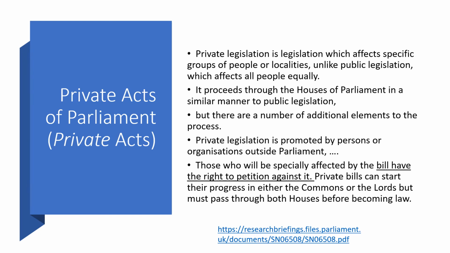So let's look at the definition. Private legislation is legislation which affects specific groups of people or localities, unlike public legislation which affects all people equally. So it's more focused, it's specific.